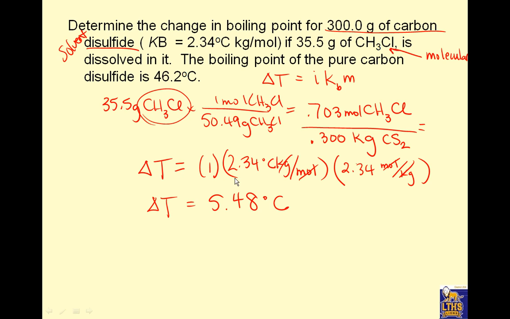It was just interesting that that came out to be the same. So if 46.2 degrees Celsius is the original temperature that it boils at, plus 5.48 degrees Celsius is the one it raises to, then we're going to get a new boiling point of 51.68 degrees Celsius. So the delta T is this.